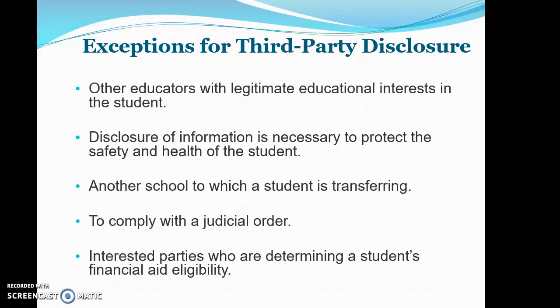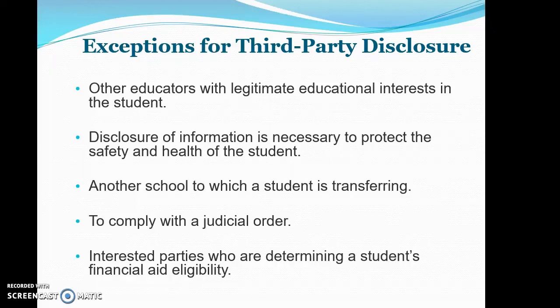Exceptions for third-party disclosure. These are times when the school does not have to have written consent from the parent or the eligible student in order to release information to third parties. The first one is other educators with legitimate educational interest in the student. When there are other educators who have the same educational interest as the teacher, they do not have to have permission.